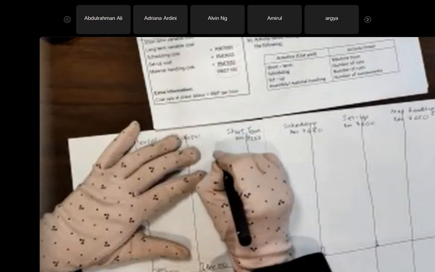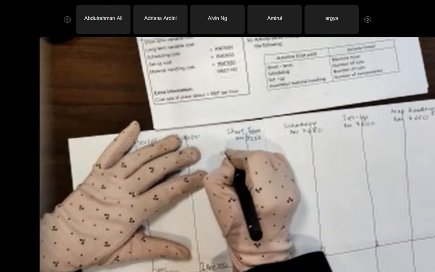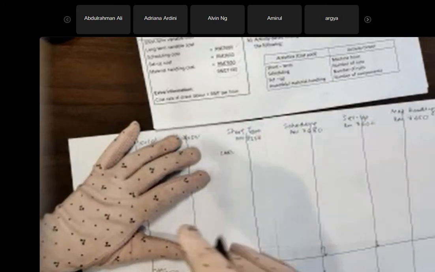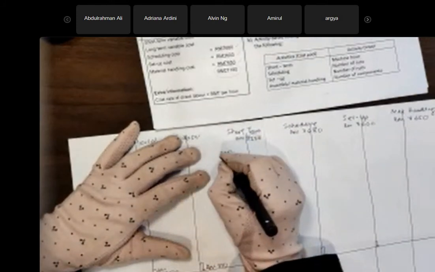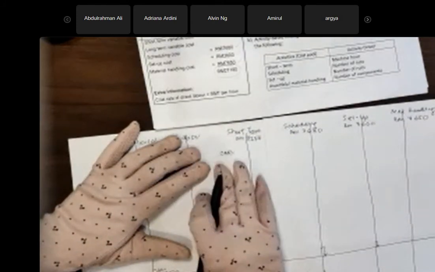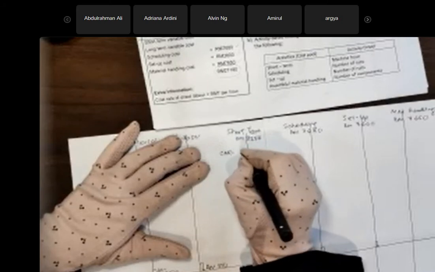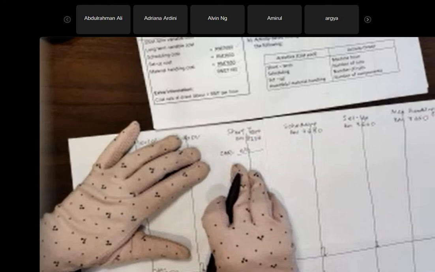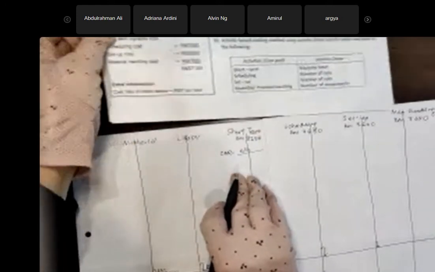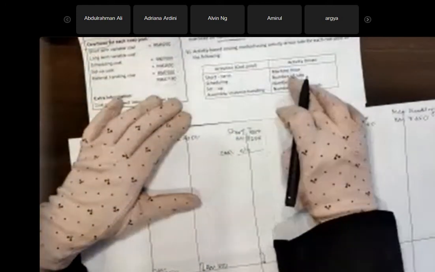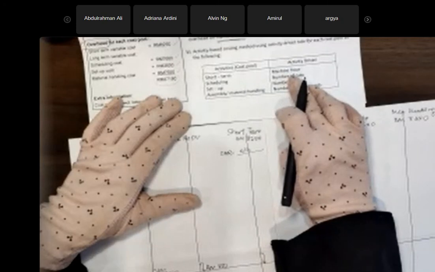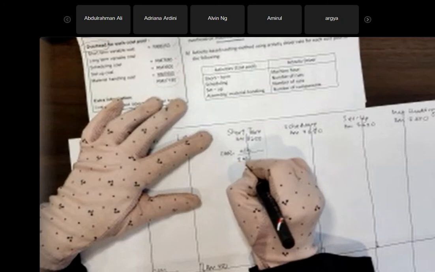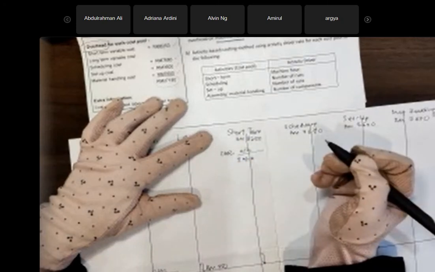Okay, now you want to start. First, you have to know what is the value of OAR. All the overhead, you must find out what is the OAR. Okay, the formula of OAR is overhead divided by the cost driver. The cost driver for the short term is machine hour.